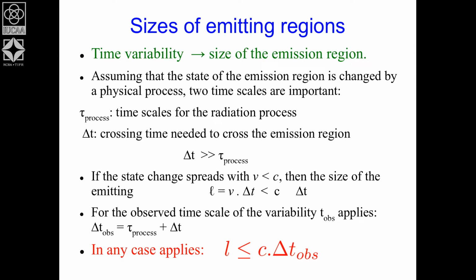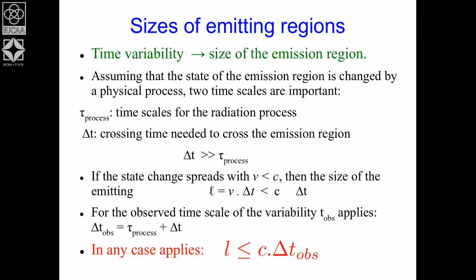And this crossing time is generally much longer compared to the time scale for the radiation process. Whatever the speed with which this disturbance travels from the center to the outer region, that of course cannot exceed the speed of light. So that state change spreads with a speed v, let's say, which is less than the speed of light.